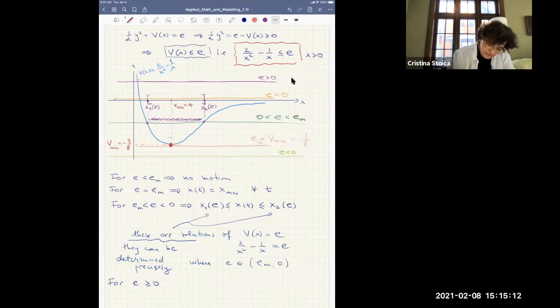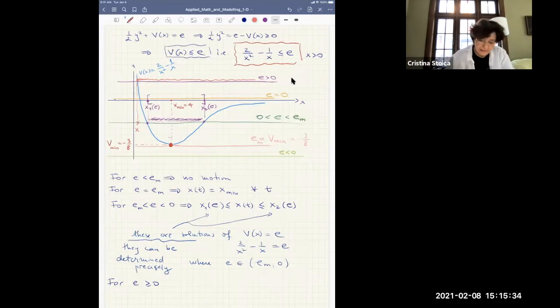So I'll have a minimum value of x that starts somewhere, and again it will depend on E. Let's call it x_p(E), p from positive.